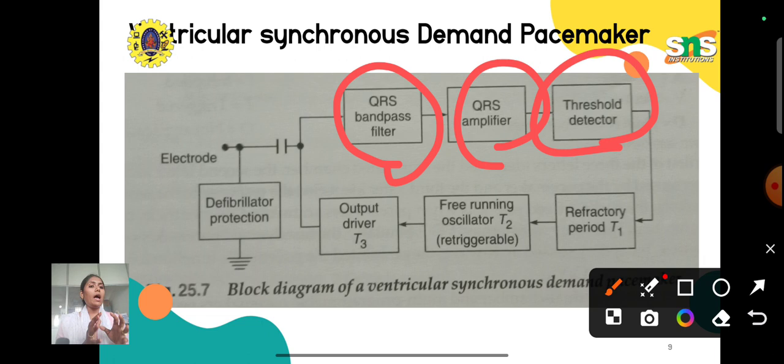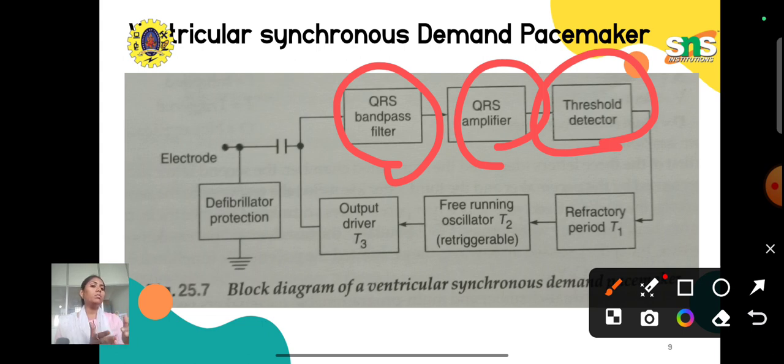So we have some standard values of QRS for adults or small kids, and that threshold value we fix here. The threshold detector compares the incoming QRS waveform with these threshold values. If it matches, it considers the incoming wave to be the actual QRS wave, so it lets it pass to the next stage.